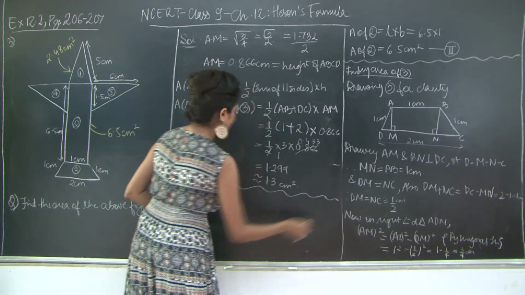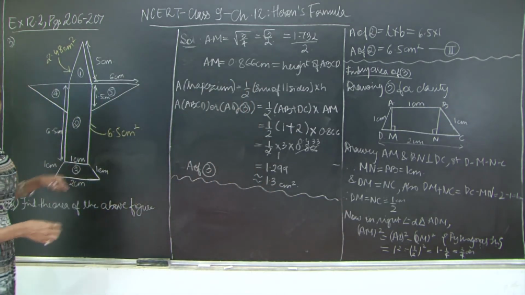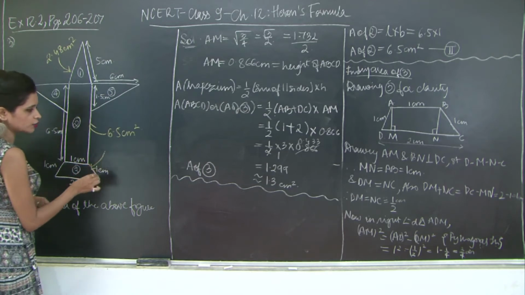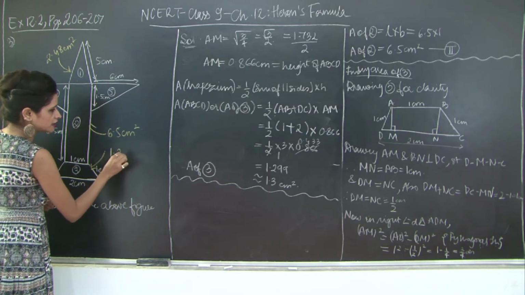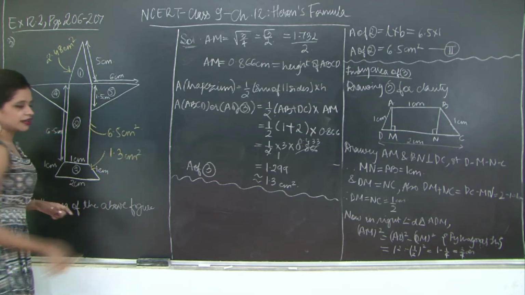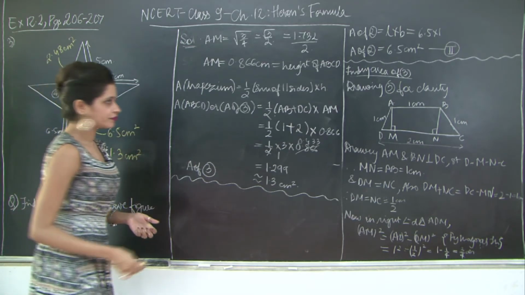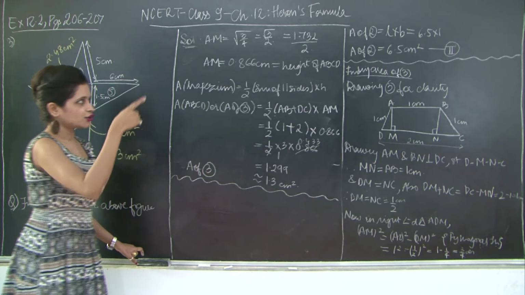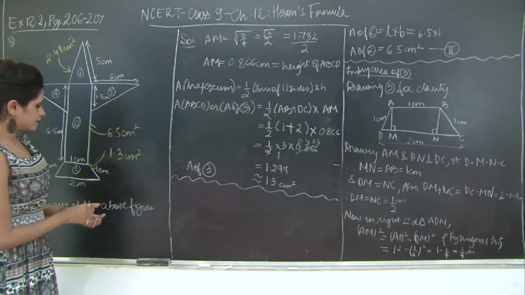Now we will go ahead and find the area of region 4 or 5, because both their areas are equal. But before that, let's mark the area of region 3 in the diagram. I hope you have taken a note of that section because I'll be erasing it.